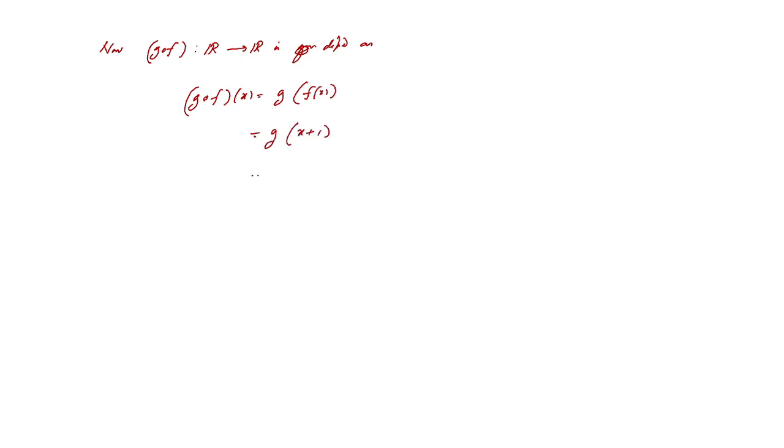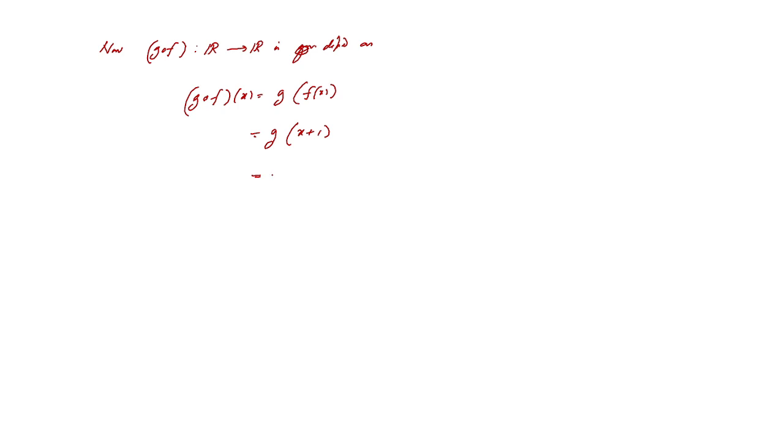Now the question is, what should g composed f be? We need to calculate g composed f, which is also from R to R, and is defined as (g composed f)(x) equals g(f(x)). The question is, what is f(x)? This is x plus 1.